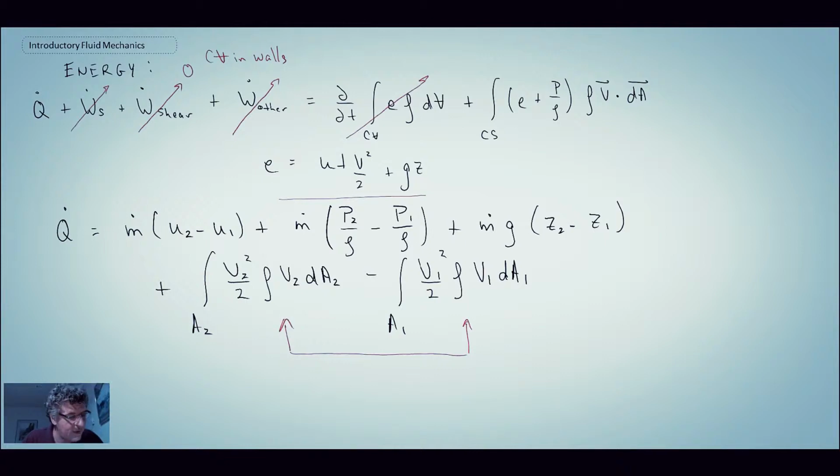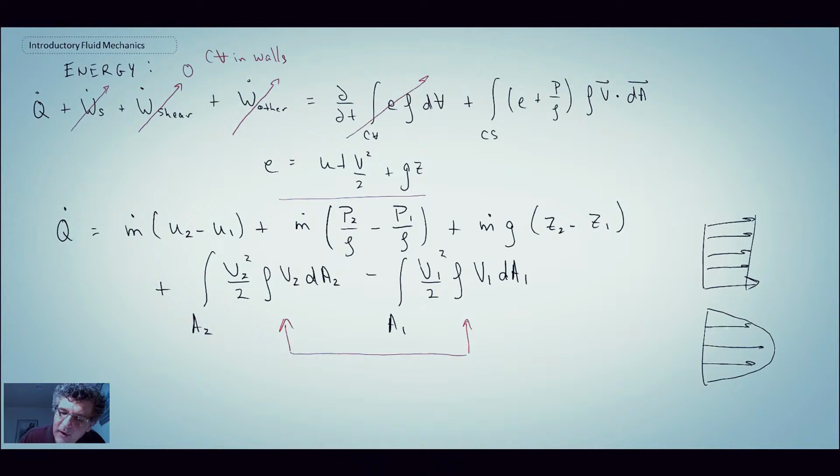The reason is that when we're dealing with viscous flows, we don't have the nice characteristic uniform velocity profile that we had when we did a lot of our other control volume analysis. When we're dealing with viscous flows, you're going to have some sort of velocity profile, and consequently you need to take that into account and integrate across the profile, and that's why I've left it in that form.